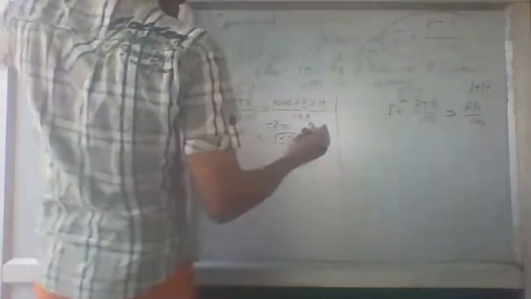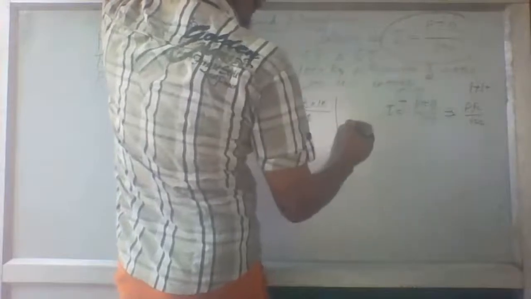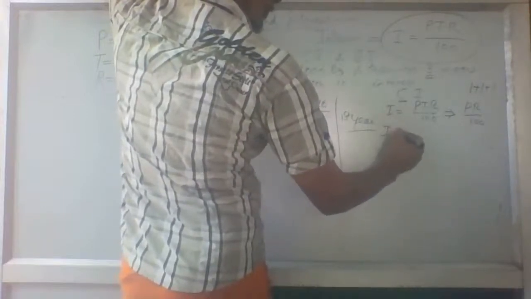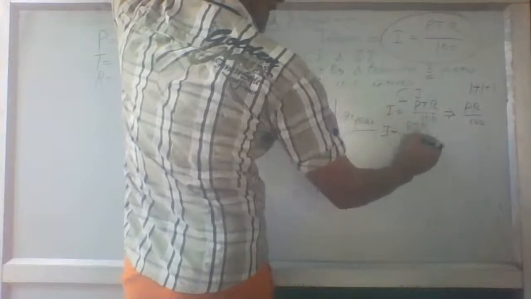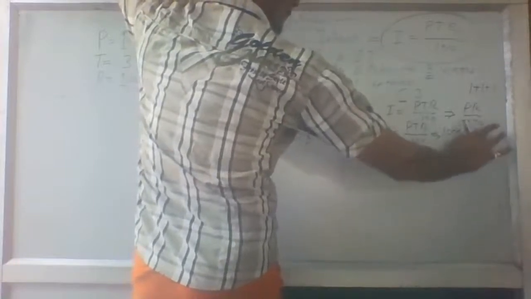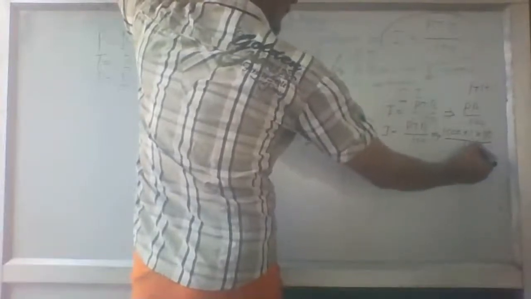So the formula for the first year. As 3 years are here, so for the first year, what would it be? It would be interest is equal to PTR upon 100. Principal is 1000, time is 1 year, rate of interest is 10%, 10% upon 100.